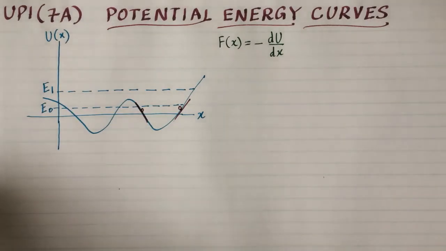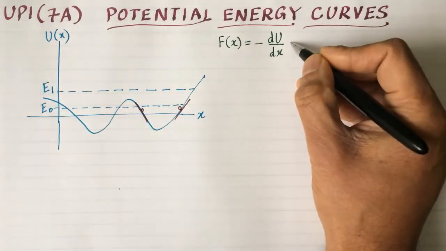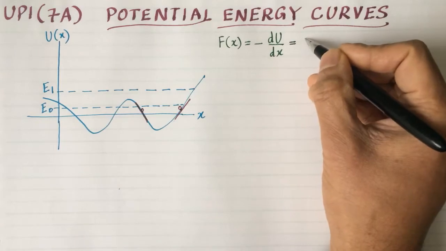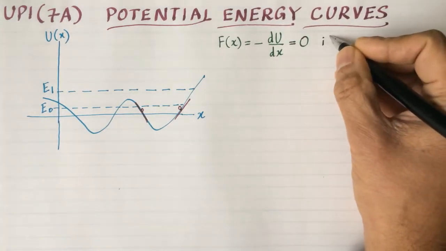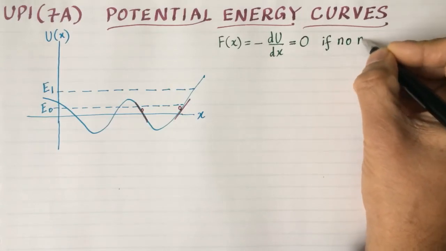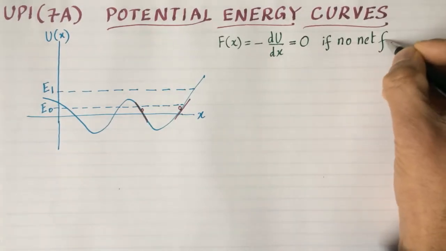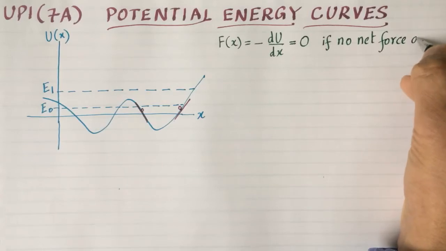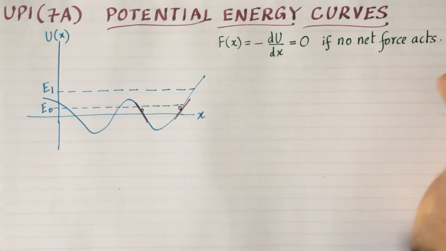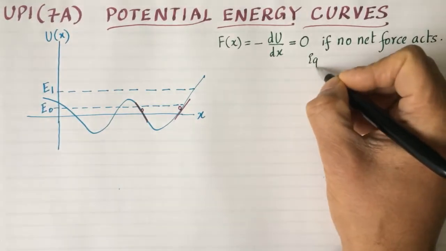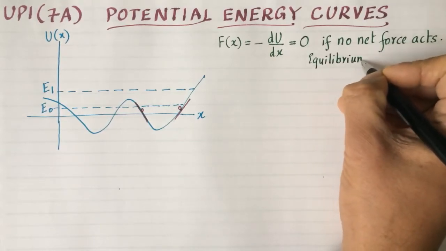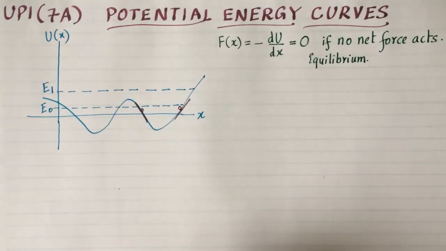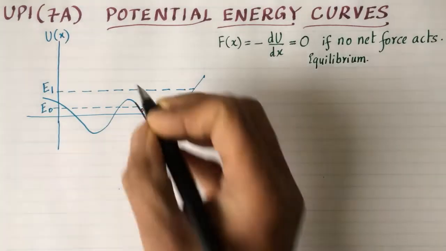Now, special care should be taken at places where this is equal to 0. If that's equal to 0, then no net force acts. Such places are known as equilibrium points because at those places the total force acting on the particle is 0.